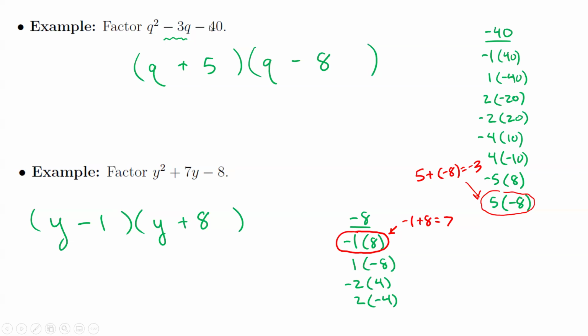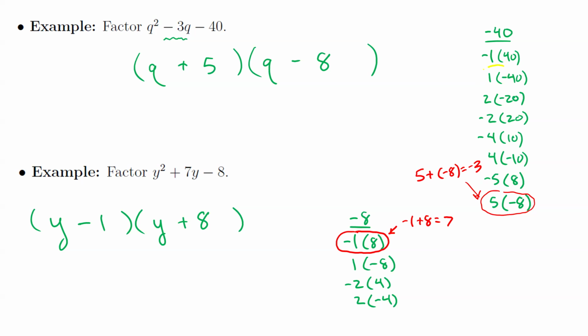If you have a negative 40, then you know that the signs of the numbers have to be different. At the same time, if you have a negative middle term, then the negative is going to have to be attached to the larger value. Okay. So, in other words, I could really cut this list in half, right?